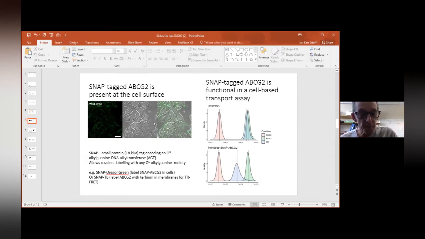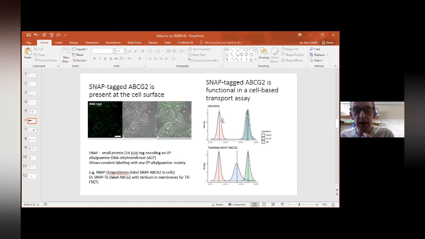And this means it can bind covalently with anything that has an O6 alkylguanine. And so we've tagged ABCG2 with this so-called SNAP tag. This protein is then labeled with an Oregon green version of O6 alkylguanine, and that lets us show that our SNAP-tagged ABCG2 is present at the cell surface.